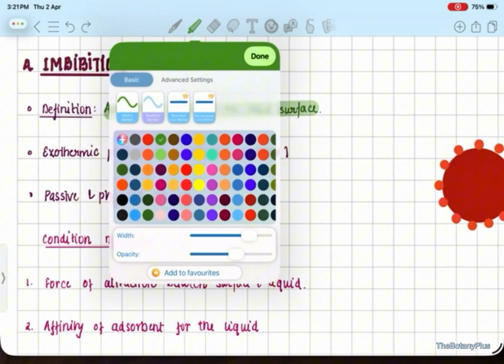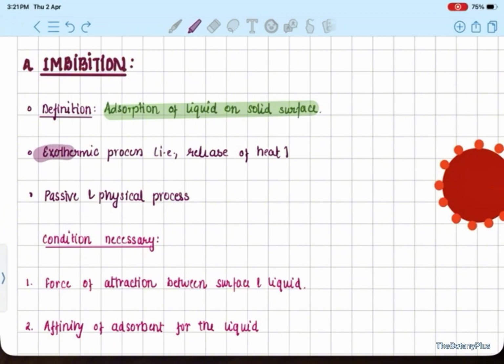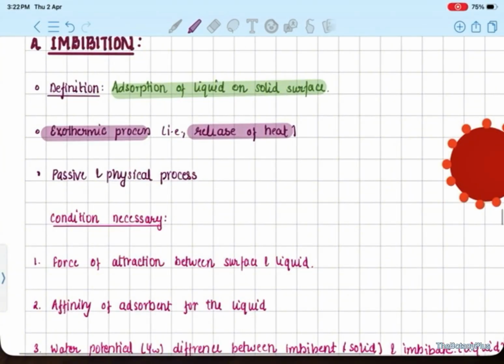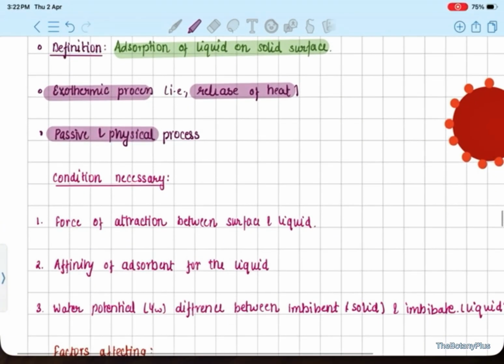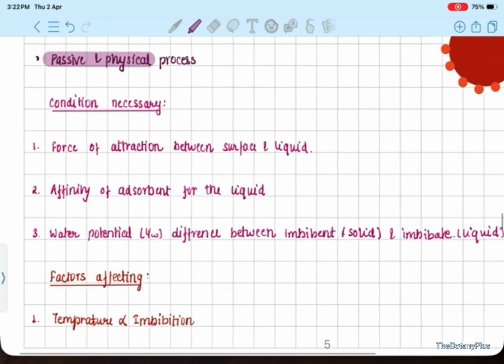Imbibition is an exothermic reaction, as we learned just before. Exothermic is any process in which heat is released. So during imbibition, heat is released. It is a physical and a passive process. Passive means it does not require any energy.